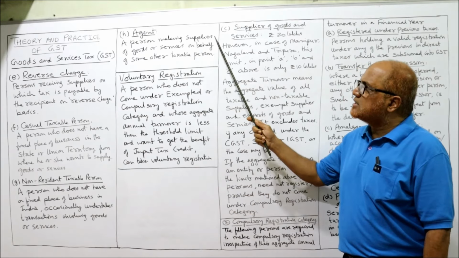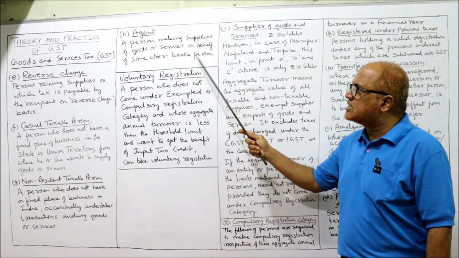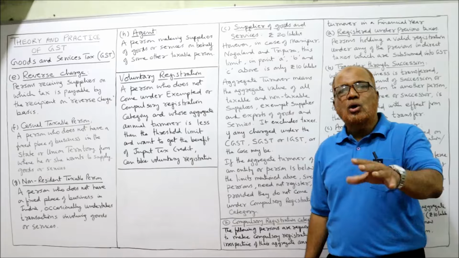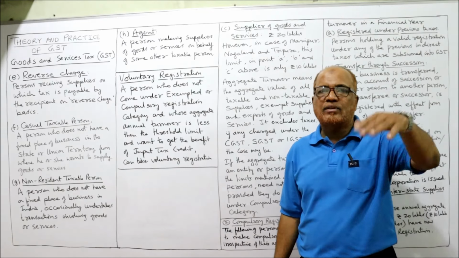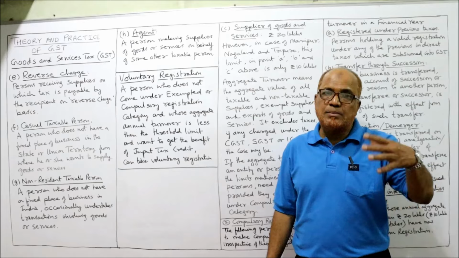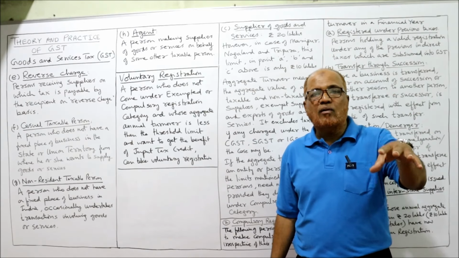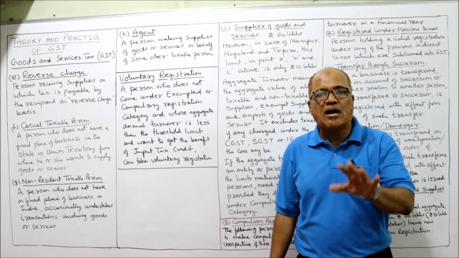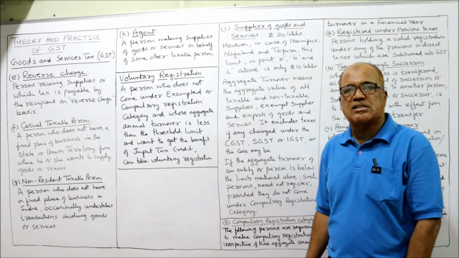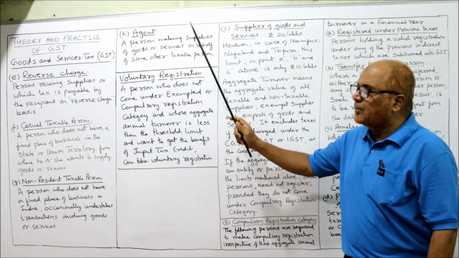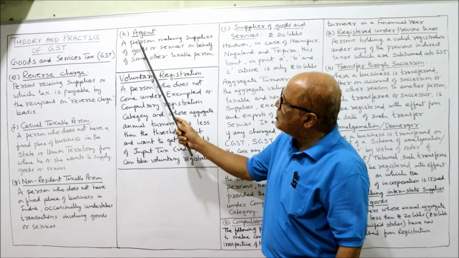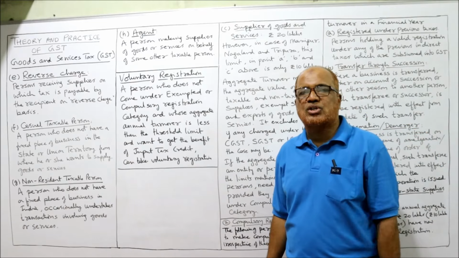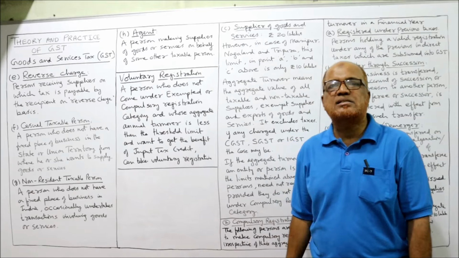If a person makes supplies of goods on behalf of some other taxable person, for example an agent working on behalf of the principal, the principal is taxable. So along with that, the agent must also get his business registered compulsorily under GST. Up to H, we have discussed those persons on whom registration is compulsory.